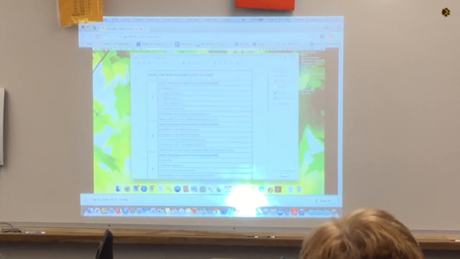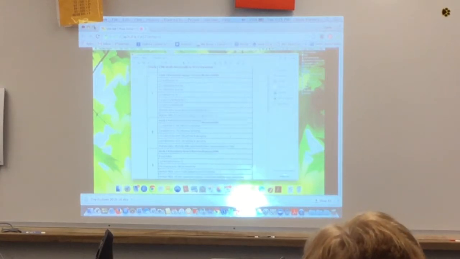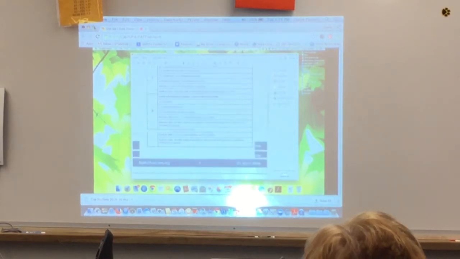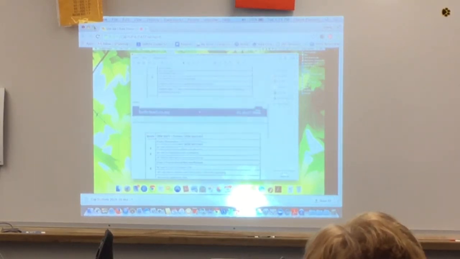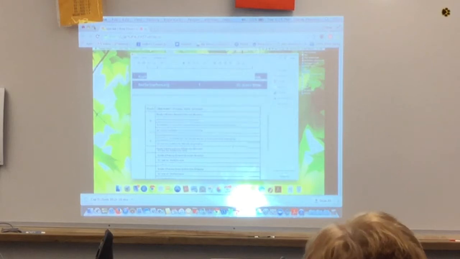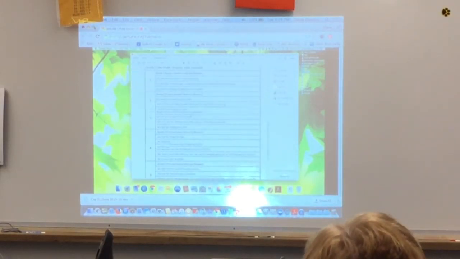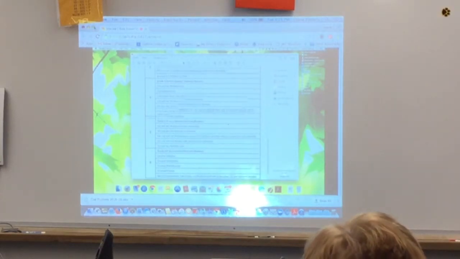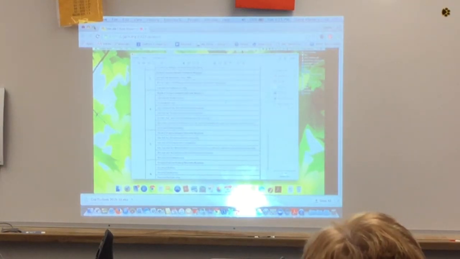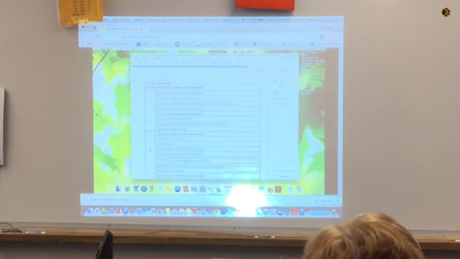So automaticity is grades 1 through 3, and these are the skills assessed. Then we get into CBM process, grades 2, 3, 4, 5, and 6, and those are the skills assessed. Is that something you'd like to have a copy of? Yes. Yeah.